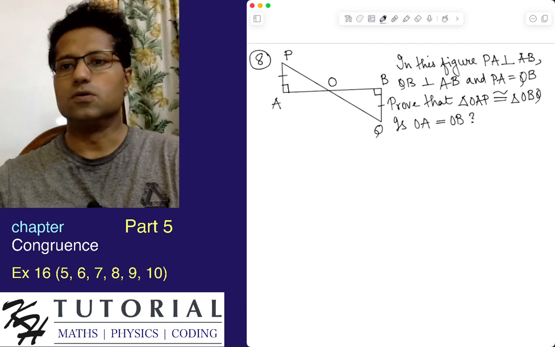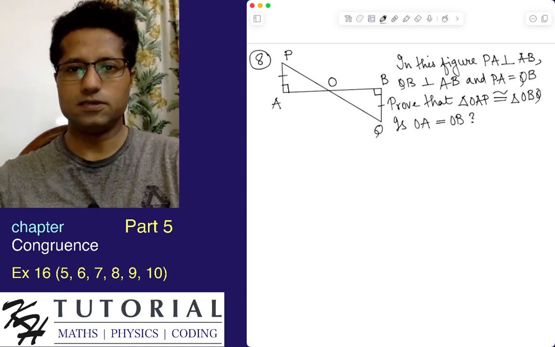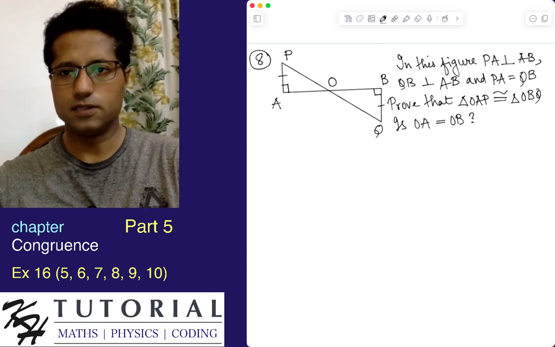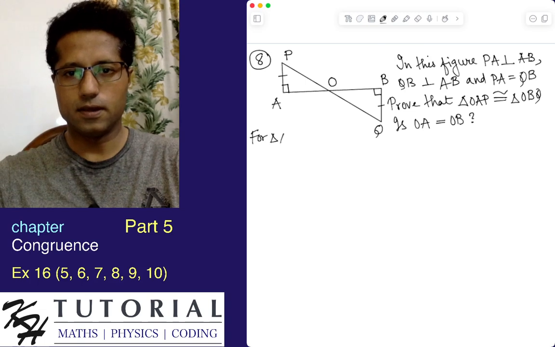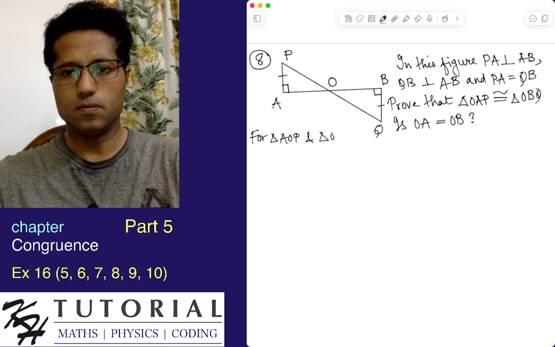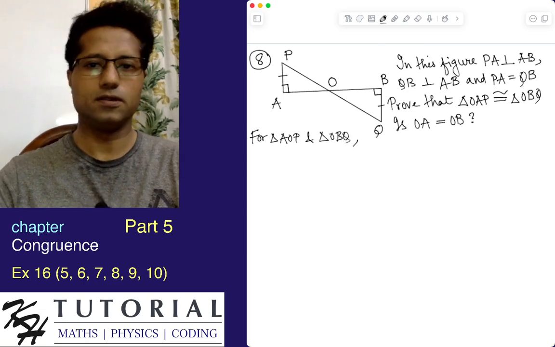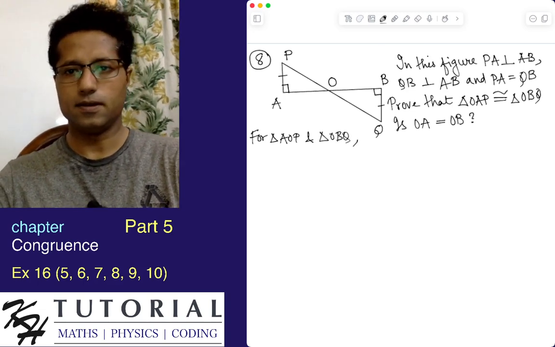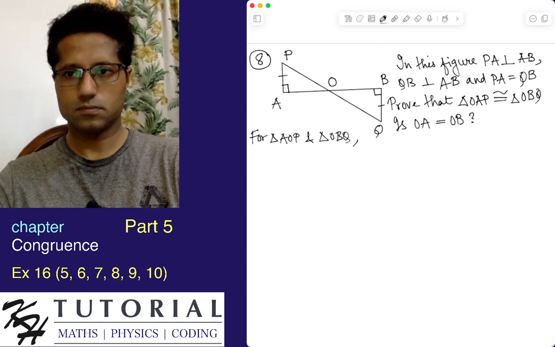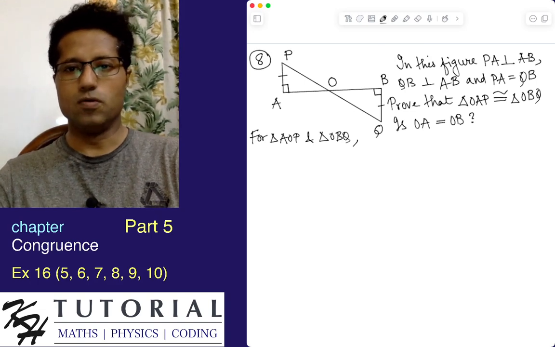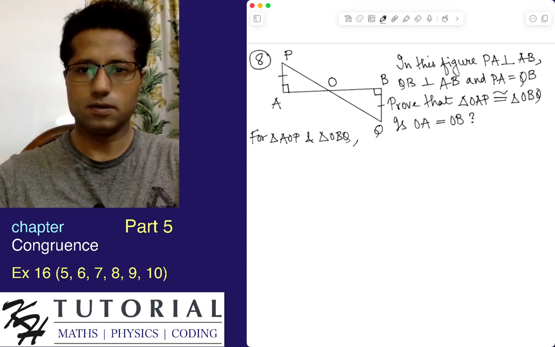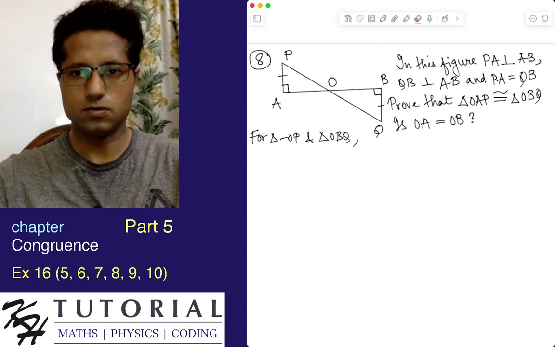So we are given that, let's consider the triangles AOP and OBQ. We are considering these two triangles.